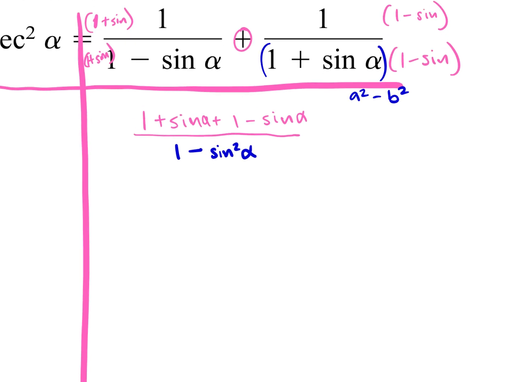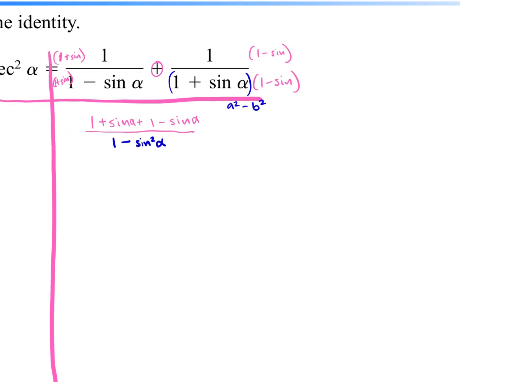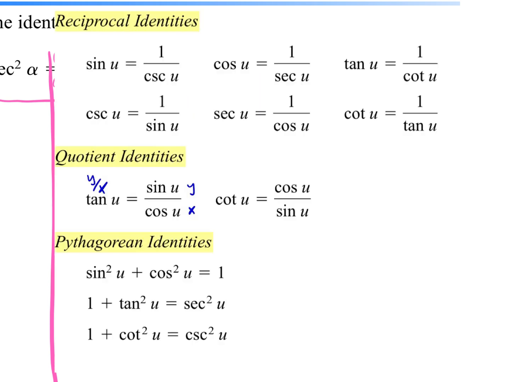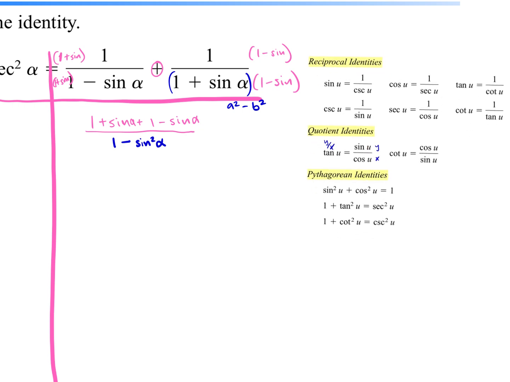See anything that will simplify? 1 minus sine squared simplifies. Let's put our identities here so we can see. What does 1 minus sine squared simplify to? Awesome.